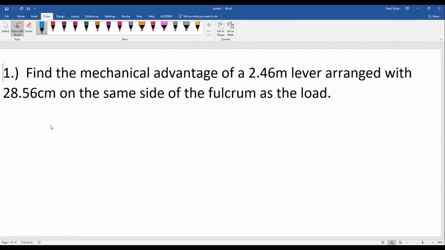So the value of mechanical advantage is actually going to come from the ratio there. So your input length, so wherever you're putting hands and putting effort in order to make this thing move, divided by the output, which is the load or the heavy thing that you're trying to pick up.